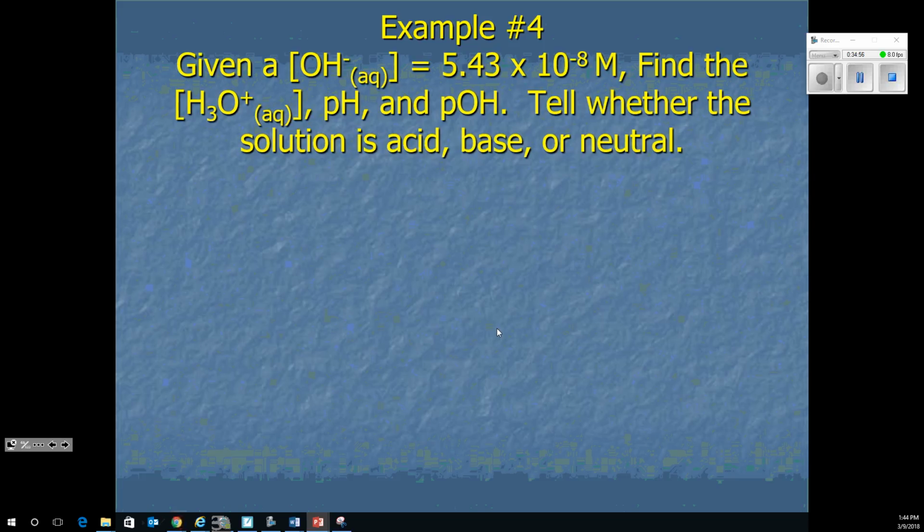Okay, 1 more minute. Got them down? So start with the concentration I gave you. Take minus the log of that. That'll give you pOH. Go up and over. It's easier to go up and over.